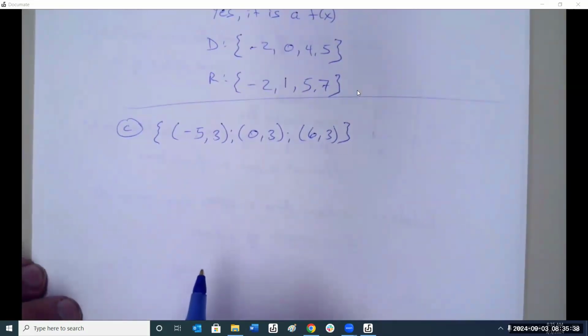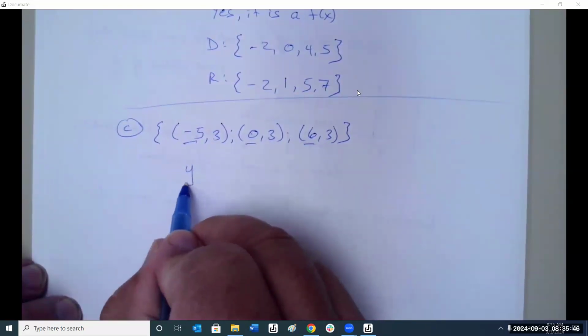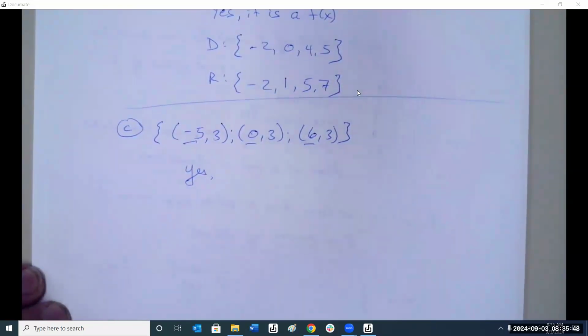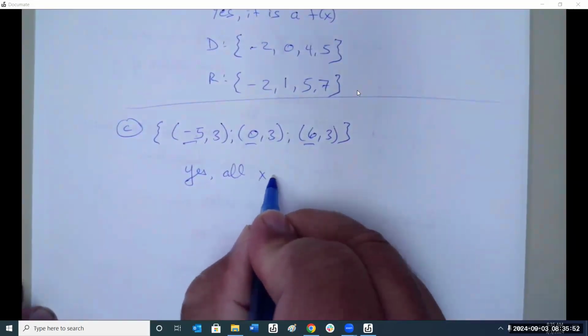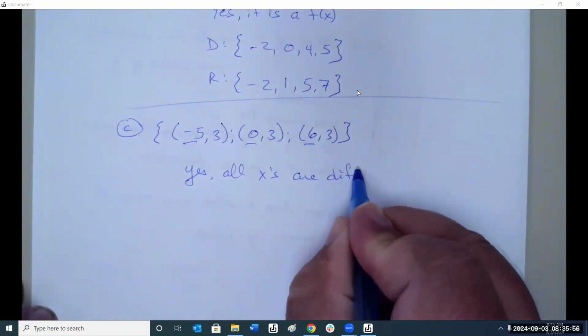Yes or no? Yes, because all the x's are different. Yes, it is a function. All x's are different.